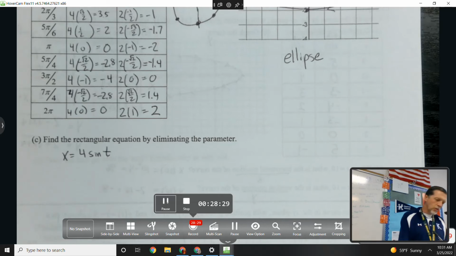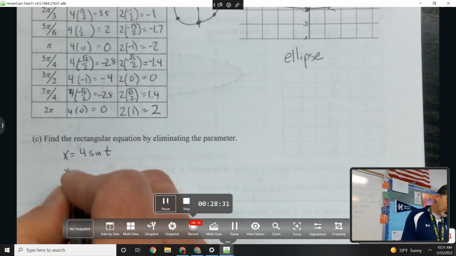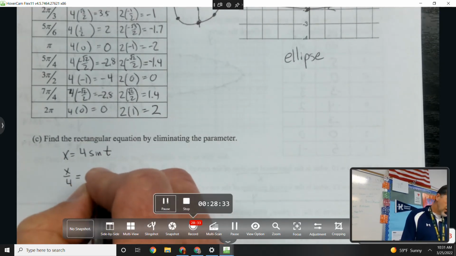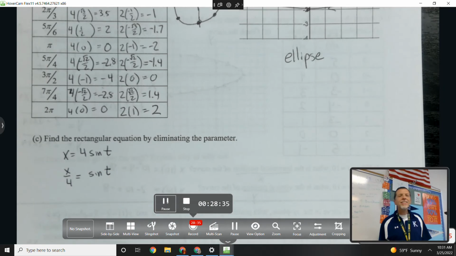Divide by 4. And then we're taking the sine of t. So don't write it down, but if we wanted to undo that, how would we get t by itself? Inverse sine. Inverse sine, good. You don't divide by sine, you would inverse sine.